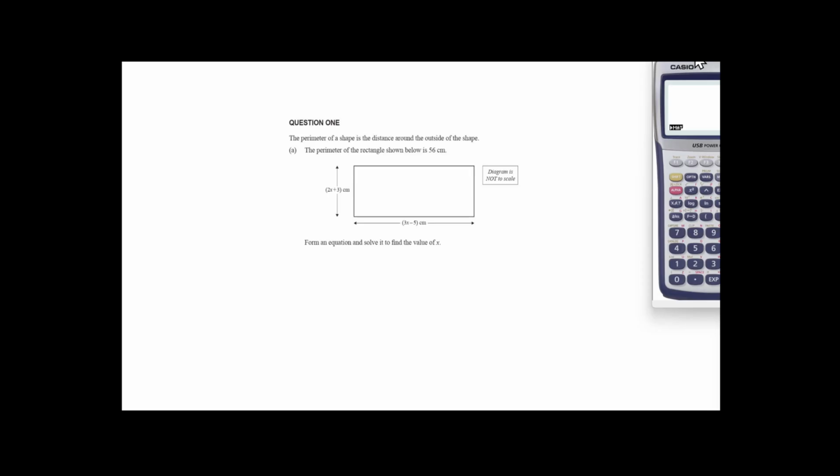So the perimeter of the shape is the distance around the outside of the shape. Hopefully you know that. The perimeter of the rectangle shown is 56 centimeters. And here's one of the sides, here's the other side. Form an equation and solve to find the value of x.